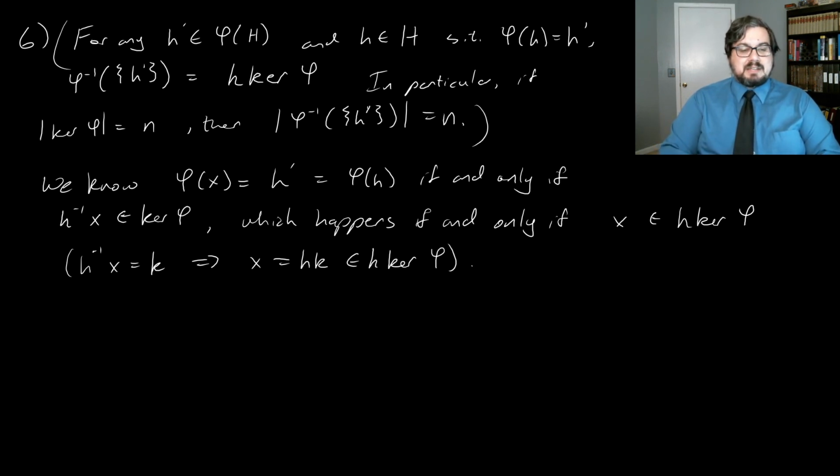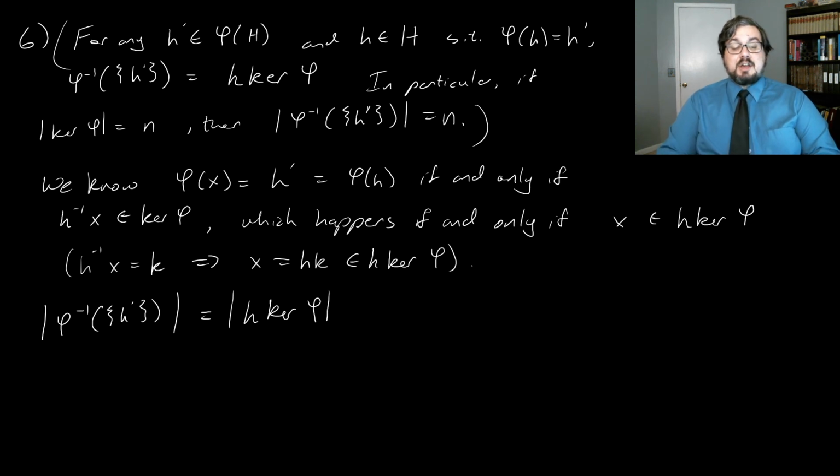So, in particular, for the in particular part, we know that the order of phi inverse of H prime, or the preimage of the set containing H prime, is equal to the size of the coset h times kernel of phi, which is the same as the size of the coset kernel of phi.